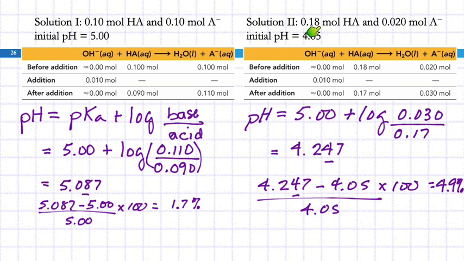So you might think that this one would be better at absorbing sodium hydroxide because it has more acid, but it actually isn't. You'll get less pH change when you have a buffer where the concentrations are equal, and you'll get more pH change if one or the other is significantly higher. Did that help?